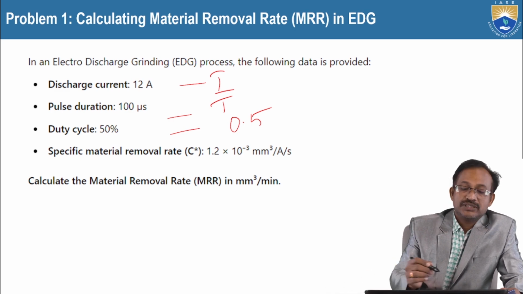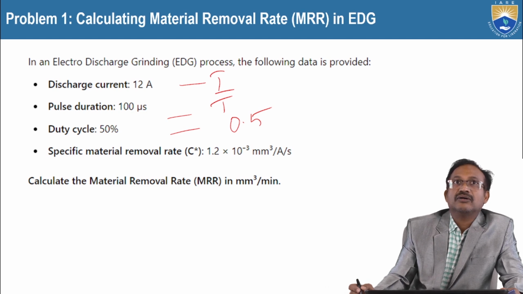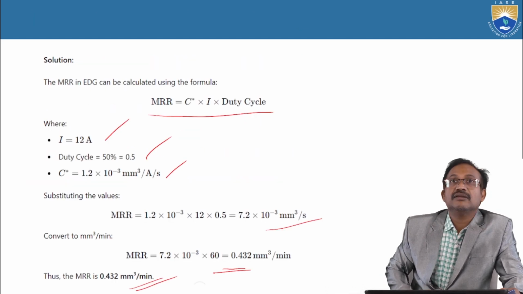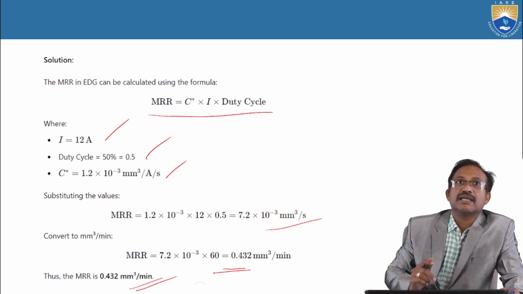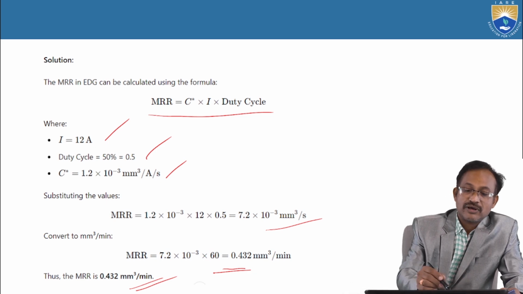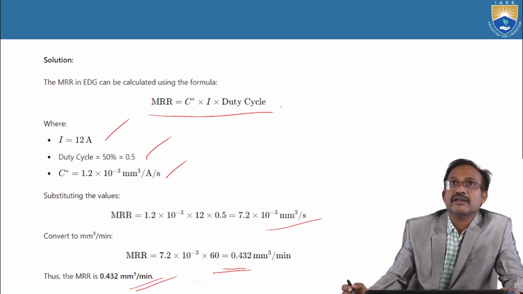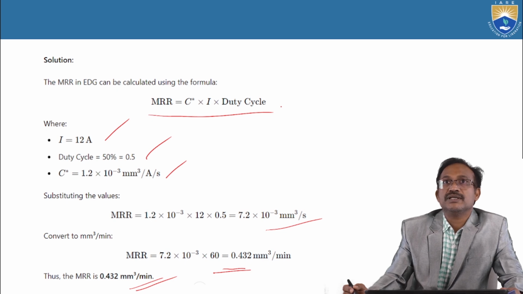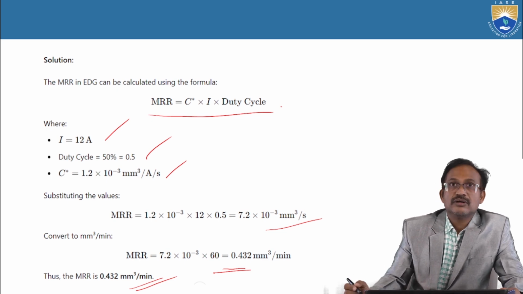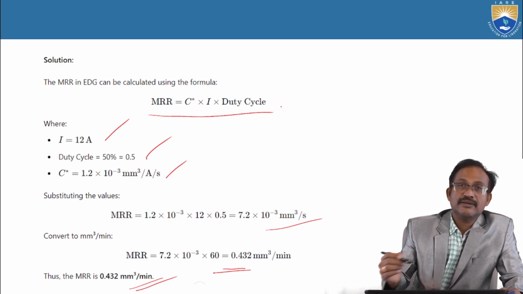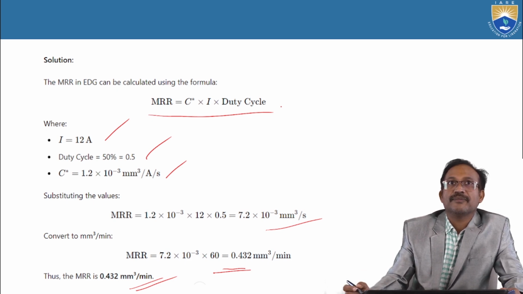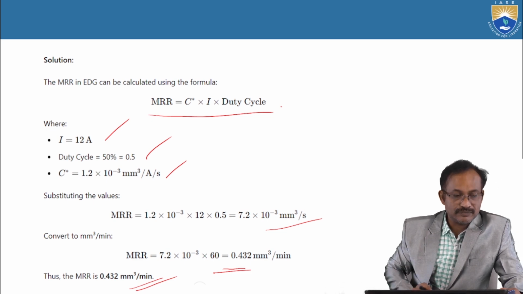C star is given, I is given, and duty cycle is given. For material removal rate, the formula is C star into I into duty cycle. We just substitute the values in the given formula. It is very simple.